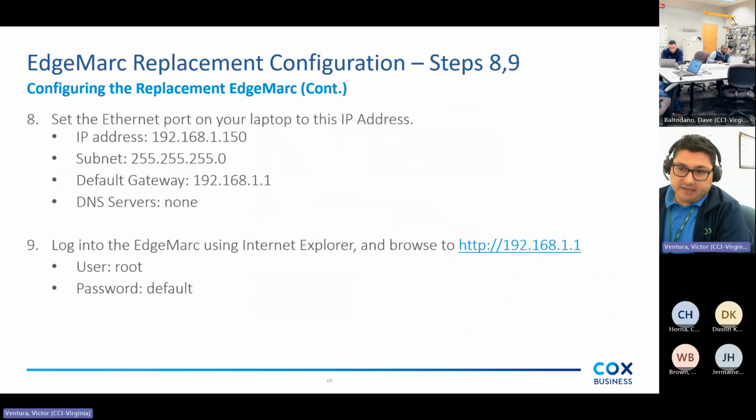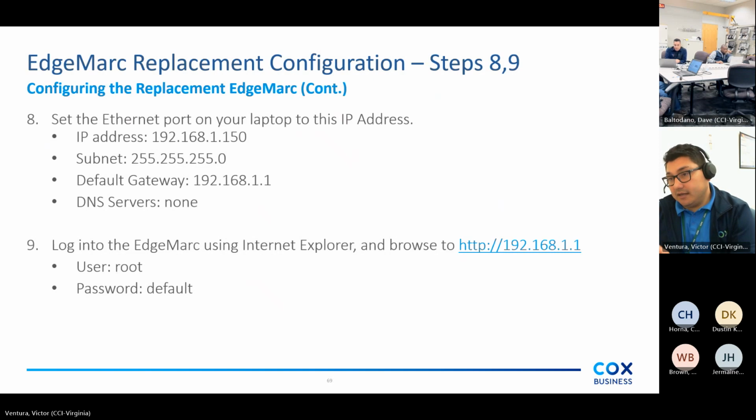So setting up your laptop, opening a browser, 192.168.1.1. You use your password. User password is default. Username is root. And it's going to ask you to change the password. Use any 6-character numeric, alpha, and special character password.